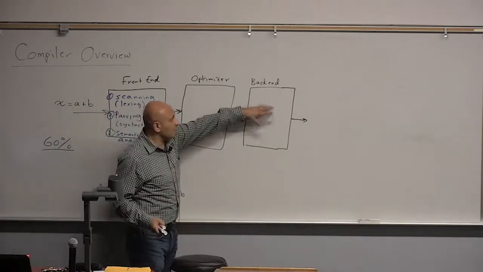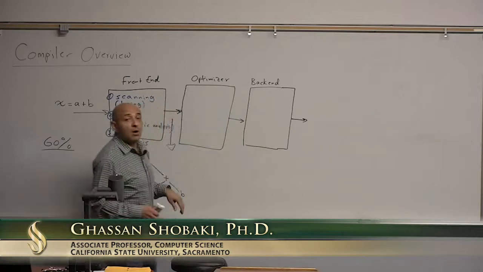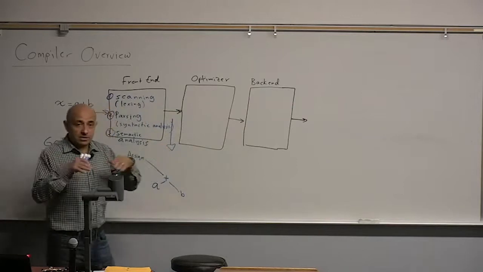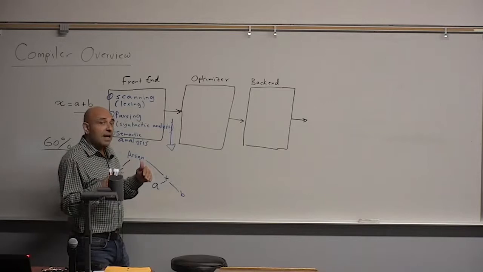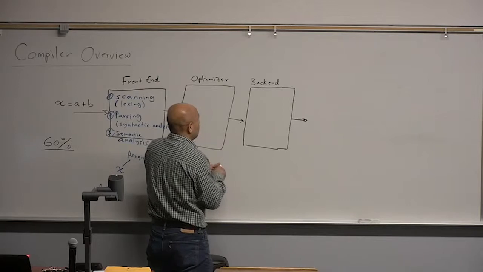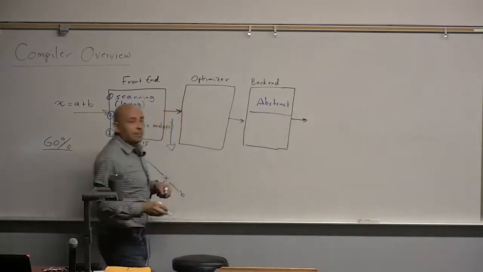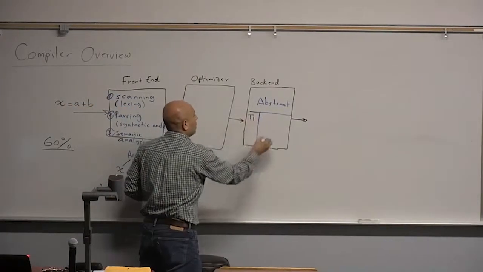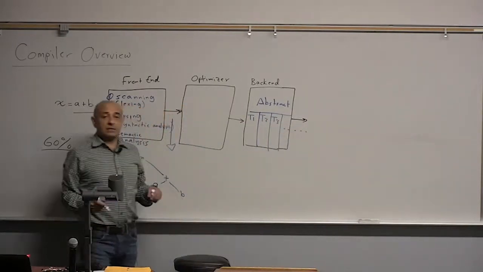For a good design, the back end will be organized so that we have some common stuff that applies to all processors, and then some processor-specific stuff: this is specific to target number 1, this is specific to target number 2, this is specific to target number 3, and so forth.